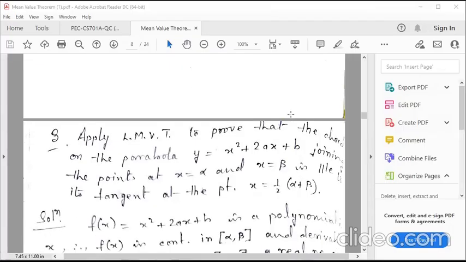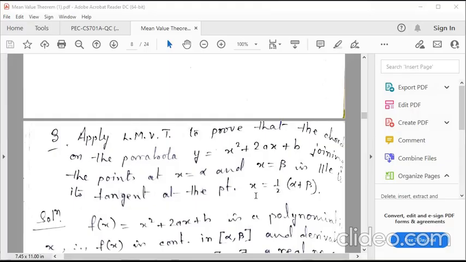The next problem says: apply LMVT to prove that the chord joining the parabola y equals x square plus 2ax plus b, joining the points at x equals alpha and x equals beta, is parallel to its tangent at the point x equals alpha plus beta by 2. So what does it signify? We require to use the geometrical significance of LMVT in this particular problem.